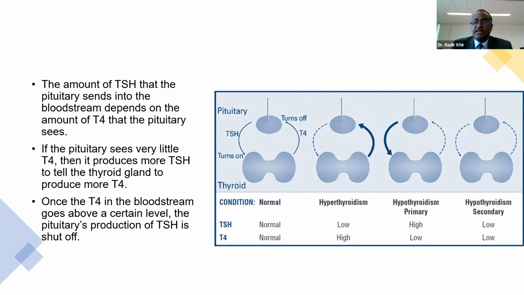And that will be hyperthyroidism. And the hypothyroidism is the opposite, when the thyroid cannot make enough thyroid hormone, and that will positively stimulate the pituitary, and the TSH will be high. And that will be primary hypothyroidism.